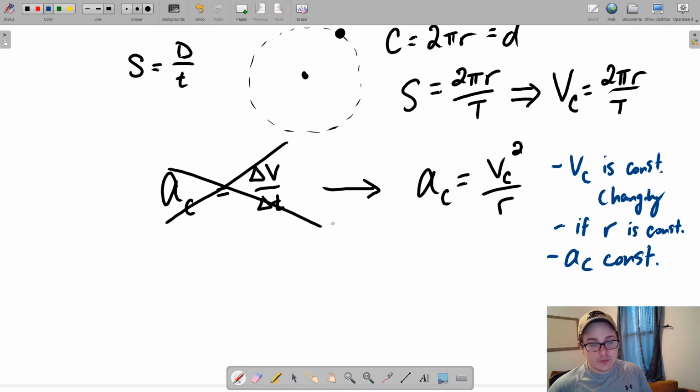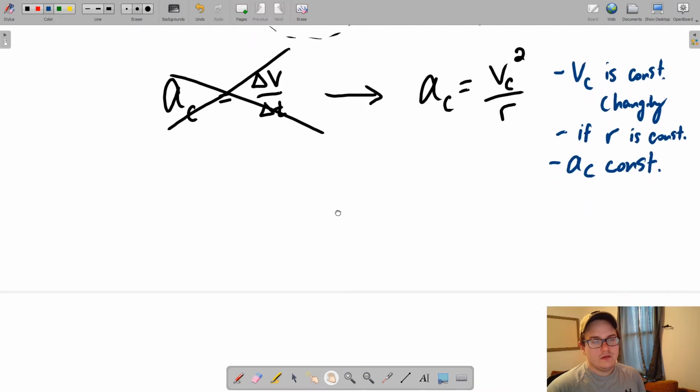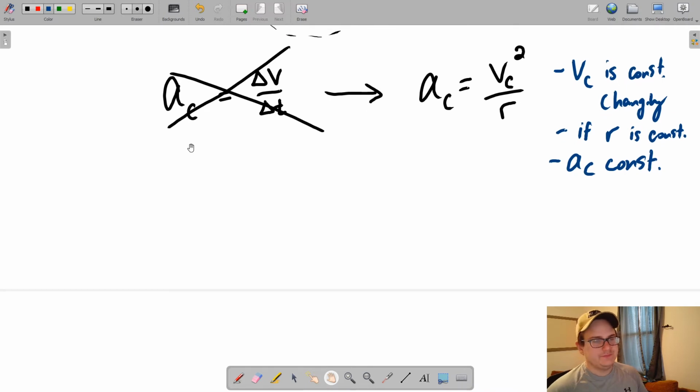So how do we go from acceleration to force? Let's go on to that next step. But before we do that, let's talk about what the word centripetal means.